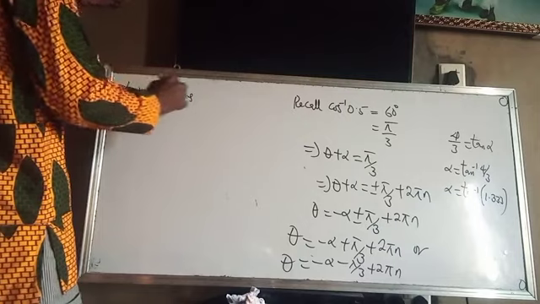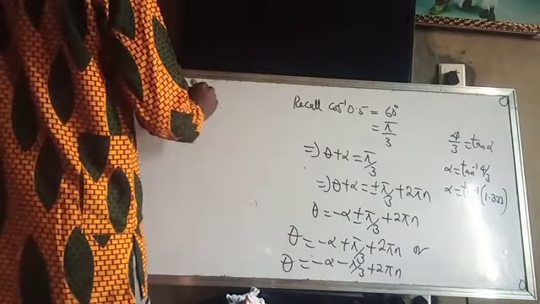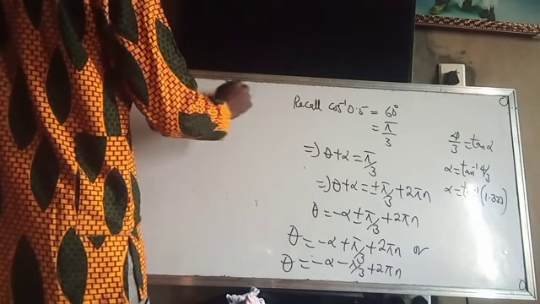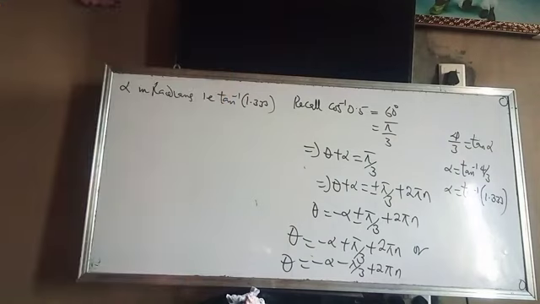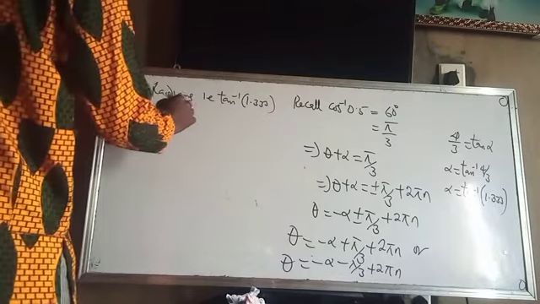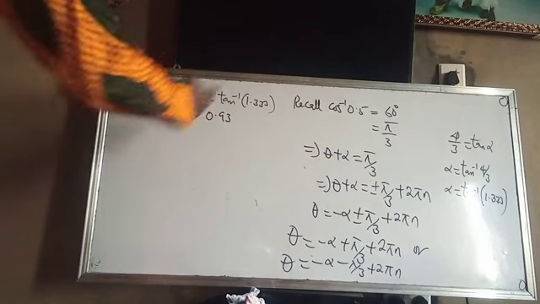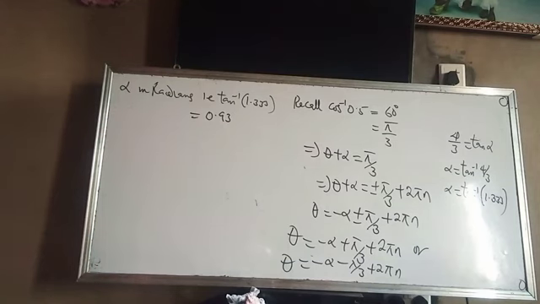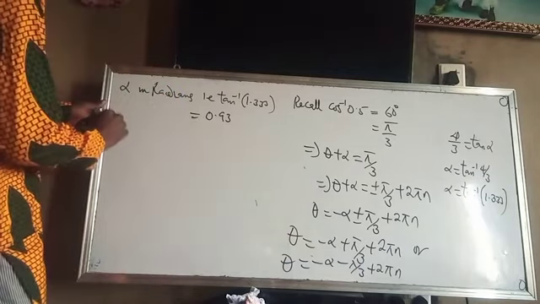The value of alpha in radians is tan inverse of 1.333. I think it is 0.93. You check it. Tan inverse of 1.33 in radians is going to give you 0.93.